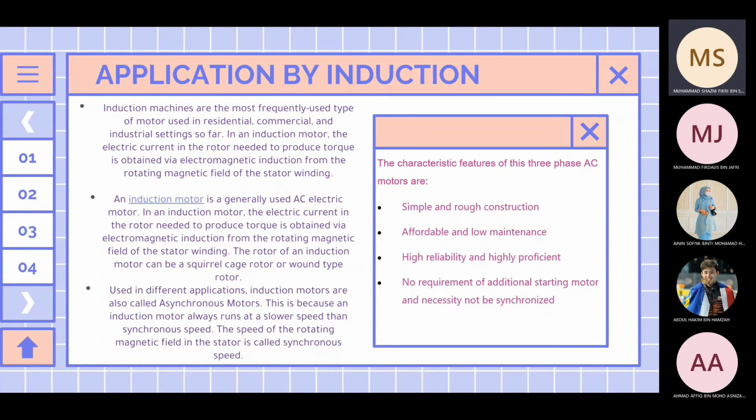Used in different applications, induction motors are also called asynchronous motors. This is because an induction motor always runs at a slower speed than synchronous speed. The speed of the rotating magnetic field in the stator is called synchronous speed.